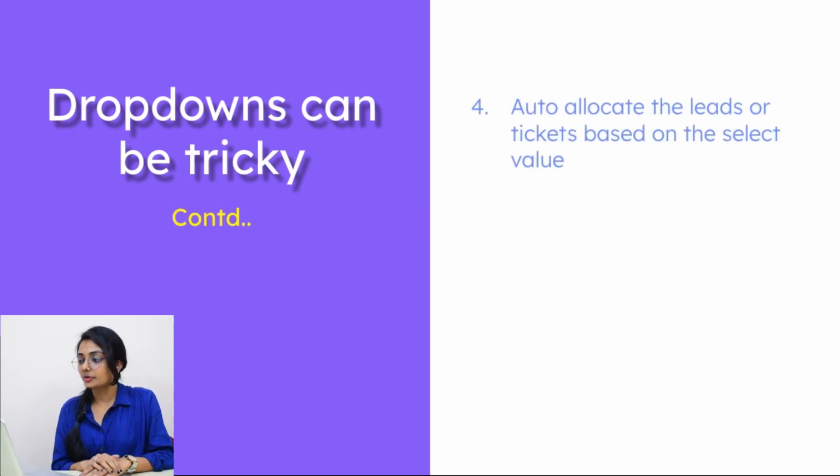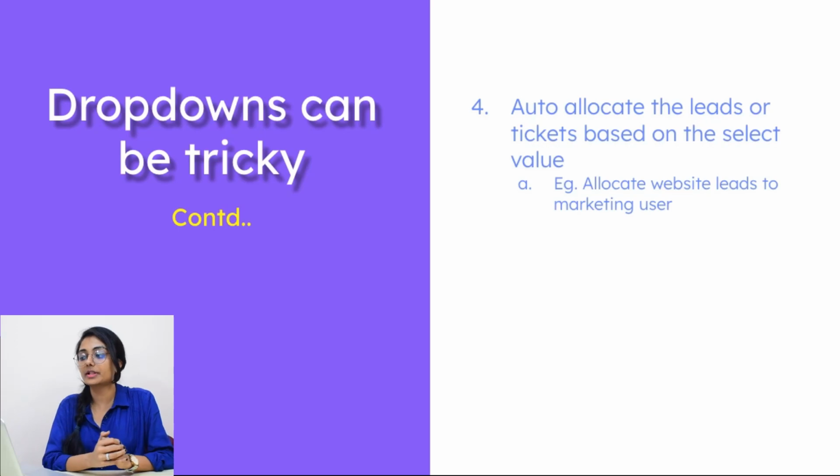Next is auto-allocating the leads or tickets based on the selected value. Now if I want to auto-allocate the tickets or the leads that I'm receiving, then in that case also, we can use drop-downs. Like I have leads that are generated from the website. I have to assign those leads to my marketing team. If I have this classification as a drop-down, then I can use it in the workflow.